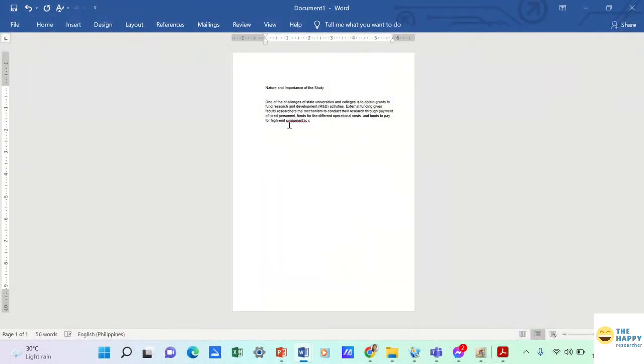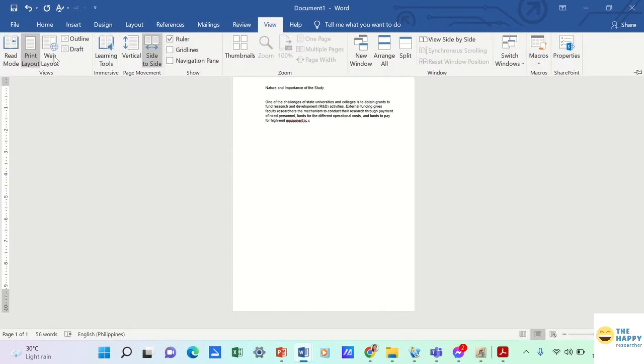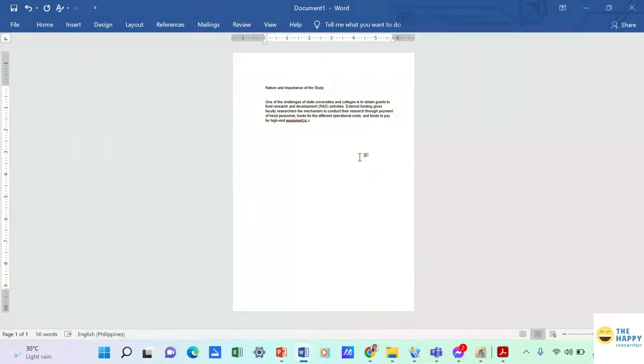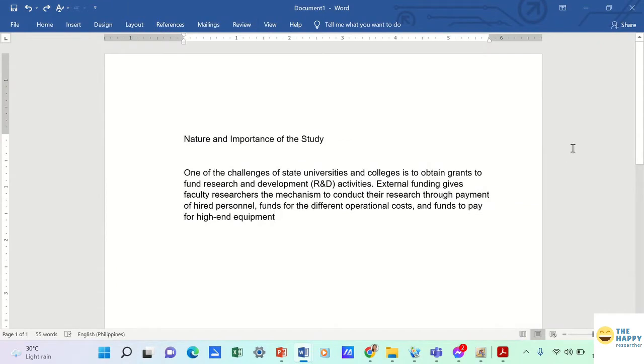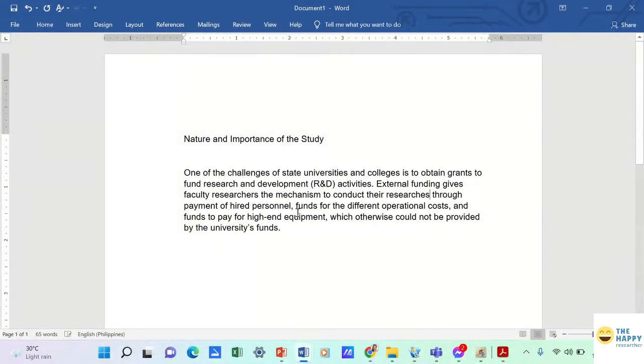During your outputs, you can also have three sentences per part rather. There are four parts, so you can have two to three sentences per part, and then all the rest you can place or show through a parenthesis, to indicate what more information can be found in your rationale or nature and importance of the study.